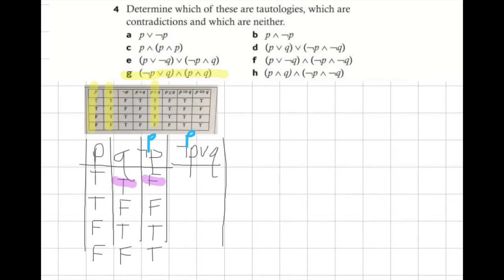Remember we're saying not P first. So false, true is true. Then we have false, false is false. And true, true is true. And finally, true, false, because not P is first. True, false is true.